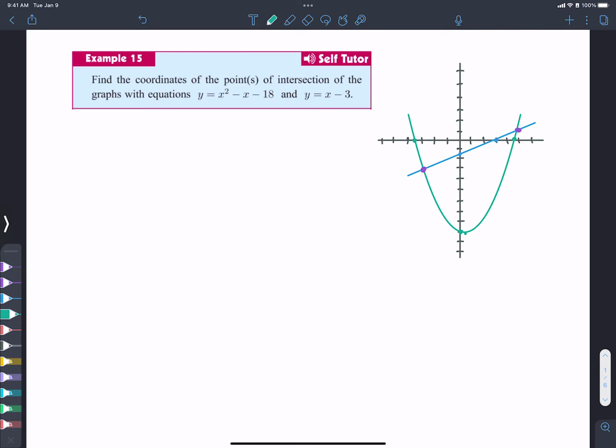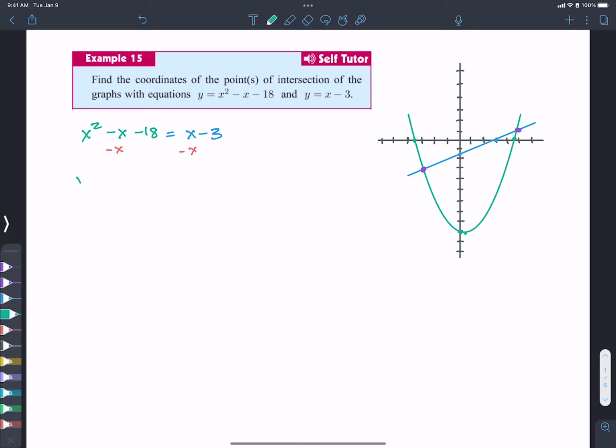Now, what we're going to do is set up an equation. To find where those two things meet, we have to set these two equations equal to each other. So we're going to have x squared minus x minus 18, and that is going to equal x minus 3. Actually, sorry, let's do this first. Let's start by subtracting our x from both sides.